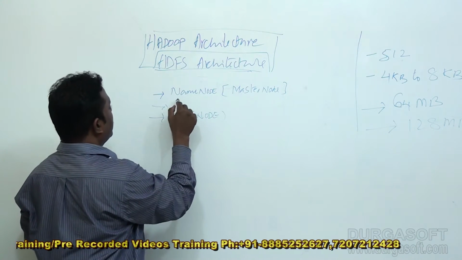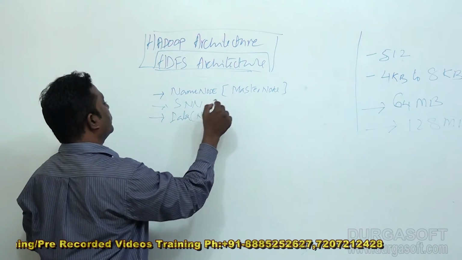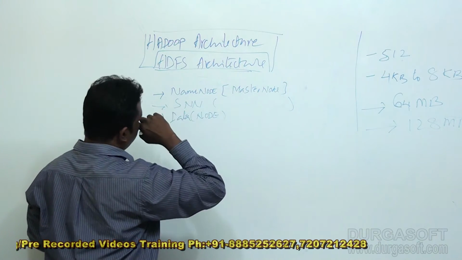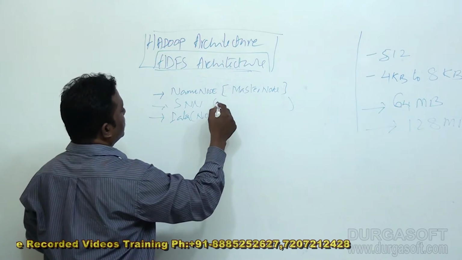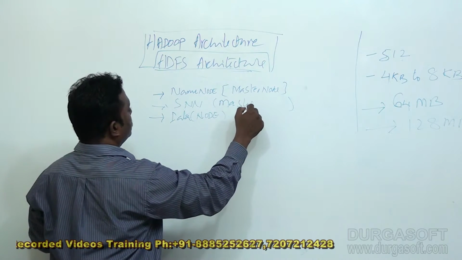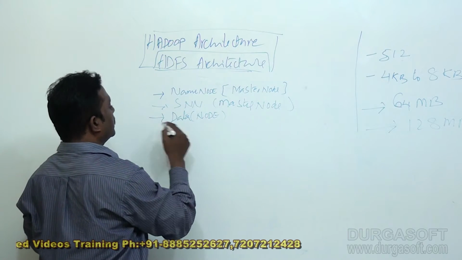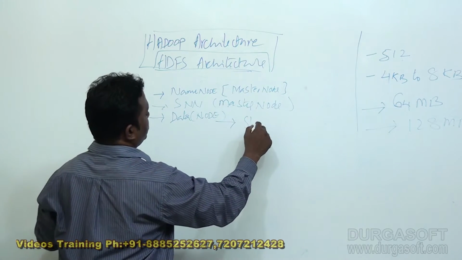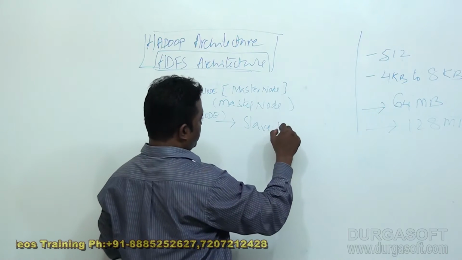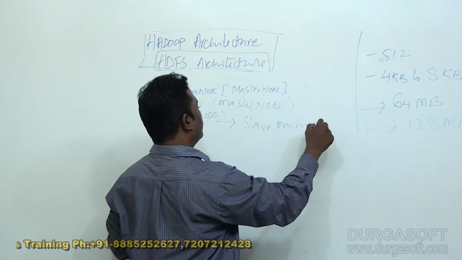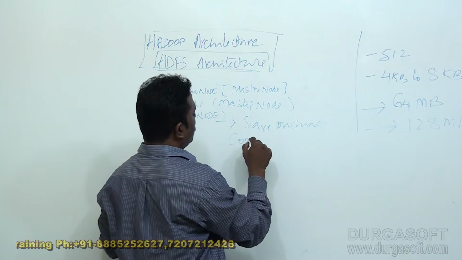In between we have the secondary name node, which we call a standby for the master, and which is also considered a master node. And we have data nodes, which we call slave machines, worker machines, or commodity hardware.